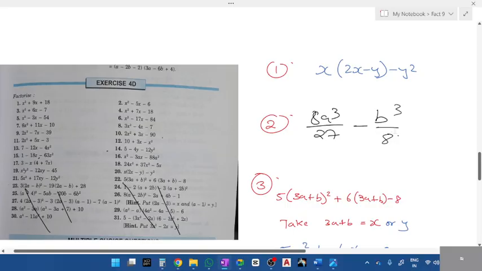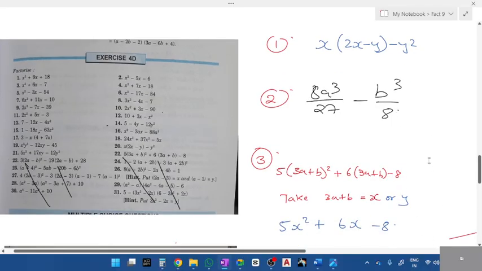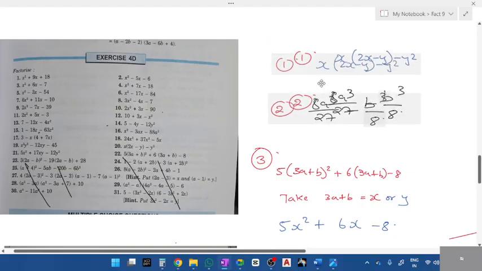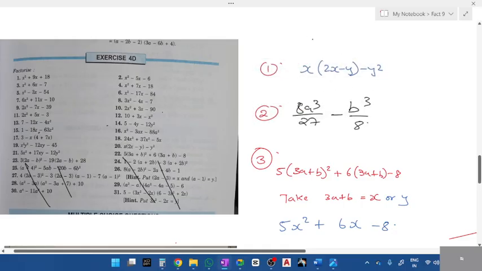Okay, a cube minus b cube, one formula. This is question. Fine, I'll share it in the group later. Yes, students done. All of you all completed.